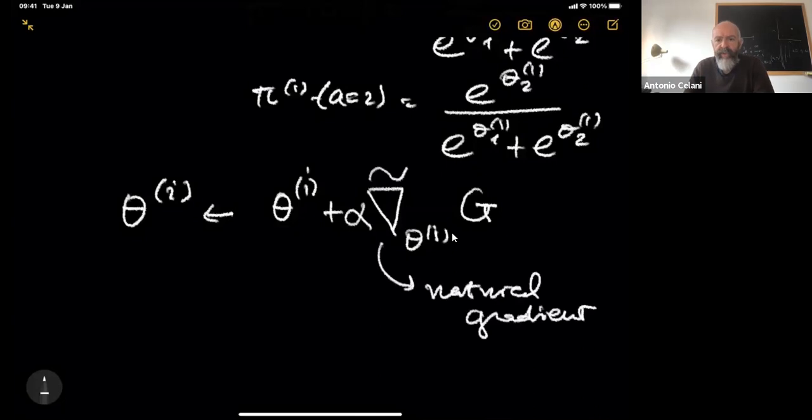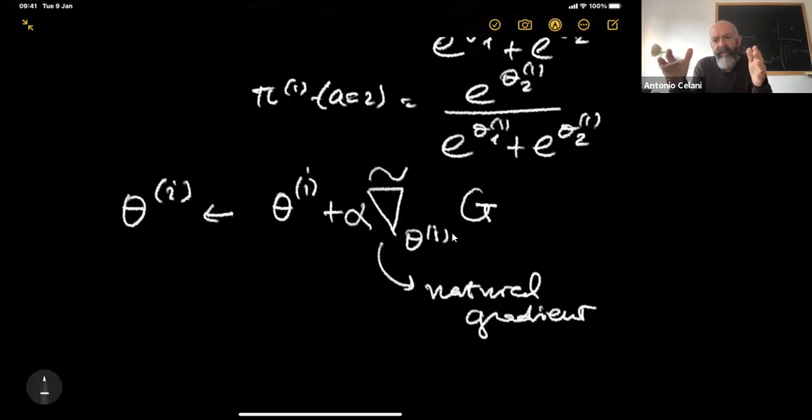But just to recall what the natural gradient is, the ordinary gradient ascent or descent is the result of a compromise between going down the gradient and penalizing steps that are too long in the L2 norm, so in the Euclidean norm.